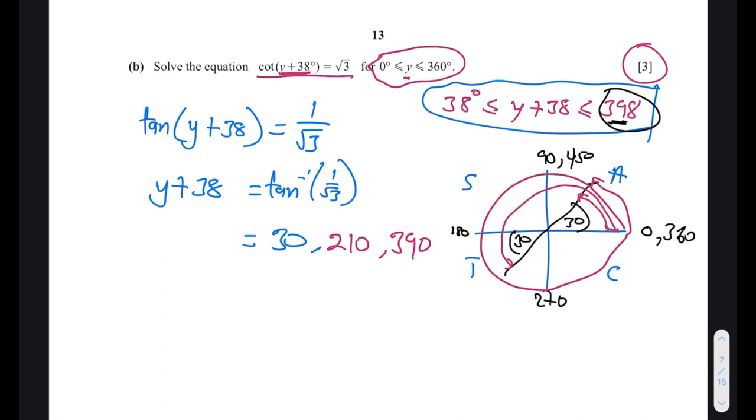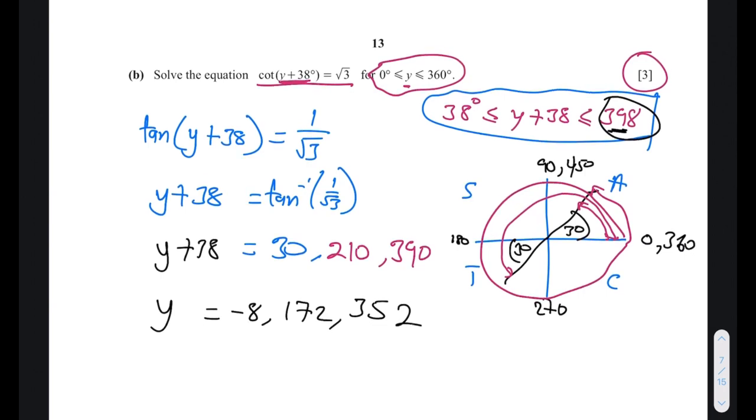Okay, all right, and then of course this is y plus 38. So move the 38 to the other side. This will give us negative 8, and then 210 minus 38 will give us 172, and then we have 390 minus 38, that will give us 352, right? But what are we working with? Look at this.